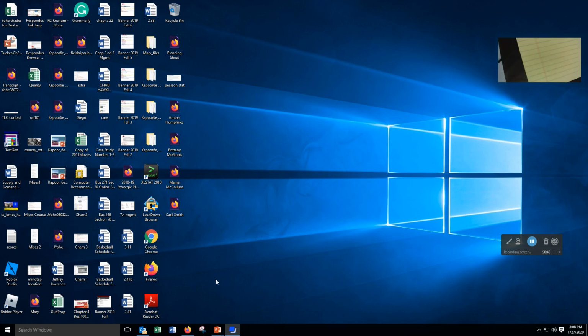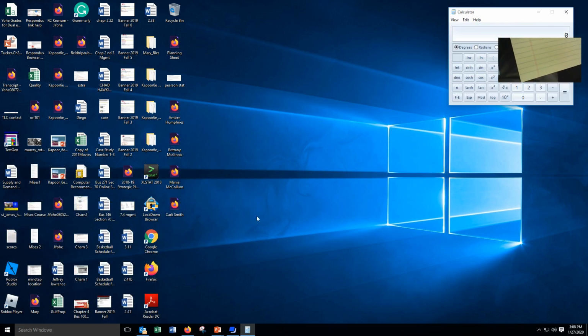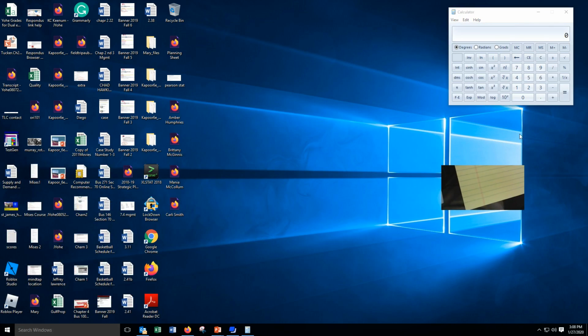So when I calculate this all out, I need my calculator because I can't do it off the top of my head. There's my calculator. I've got 2.81 times my standard deviation of 1.05.